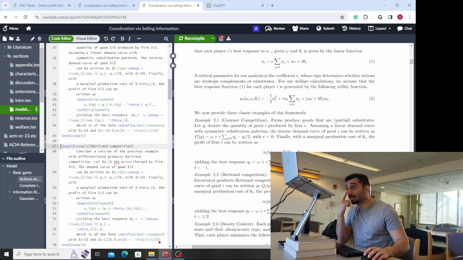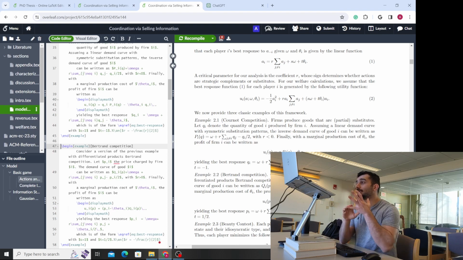T is minus 1 in Cournot, so what is R, by the way? R should be something negative. So actually, what is R in, okay, in Bertrand, R and T are both positive. In Cournot, R and T are both negative.